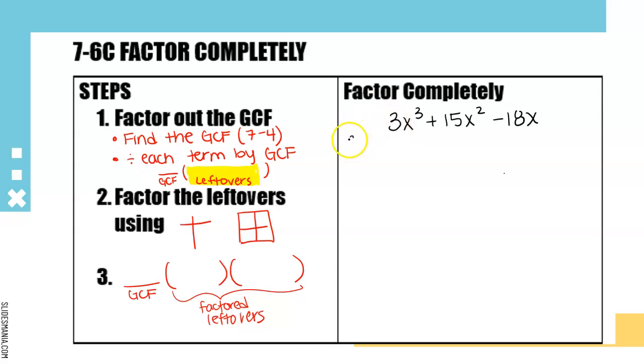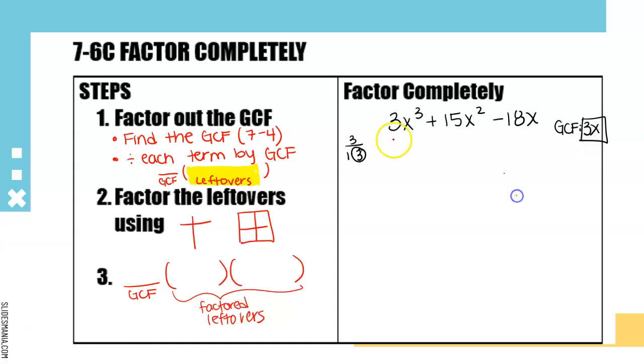So 3 is 1 times 3, and that's it. So I'm going to think about, can I divide 3 into all of my numbers, 3, 15, and 18? And yes, I can. So our GCF is going to contain a 3. Then I'm going to think about the smallest power of x that we have, which is an x. So our GCF is 3x.